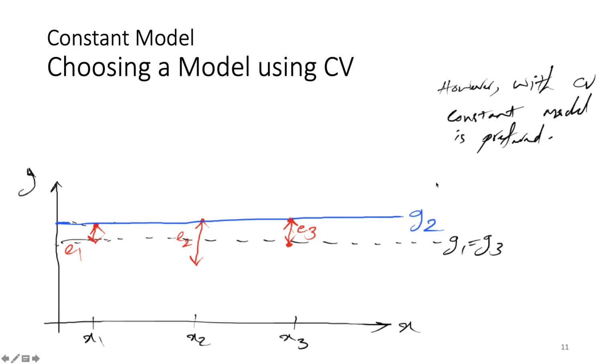Now you see that your error is much lower than the previous one. So using cross-validation, by leaving each of those out and training on the rest, we see that the constant model is preferred now because it has a lower error value.